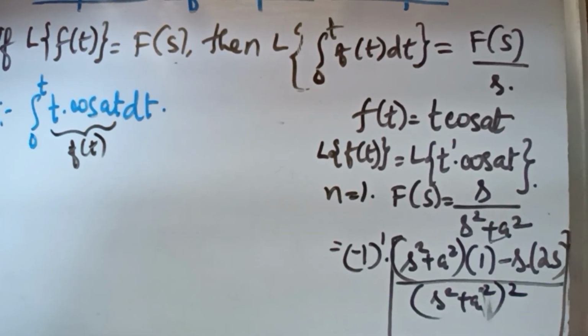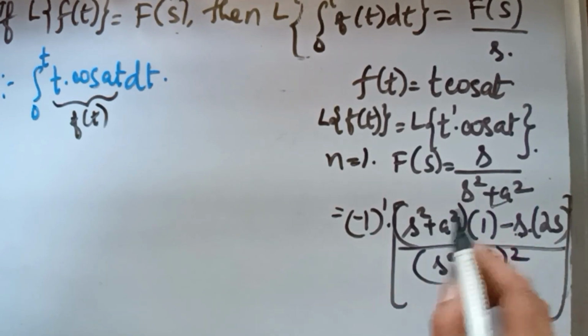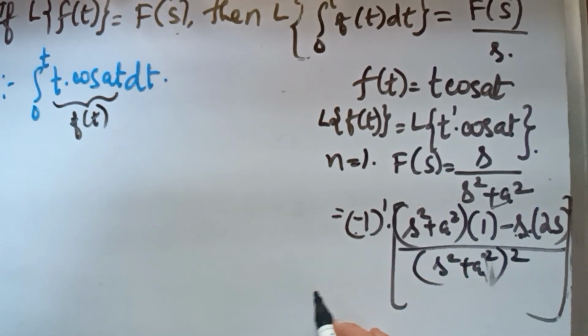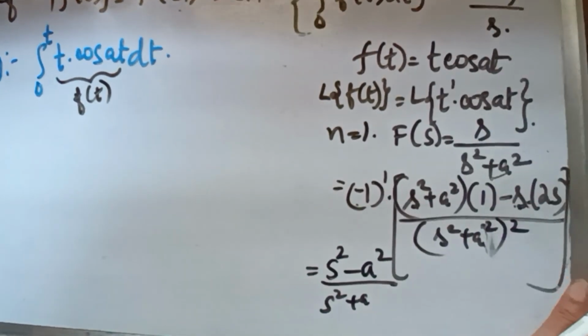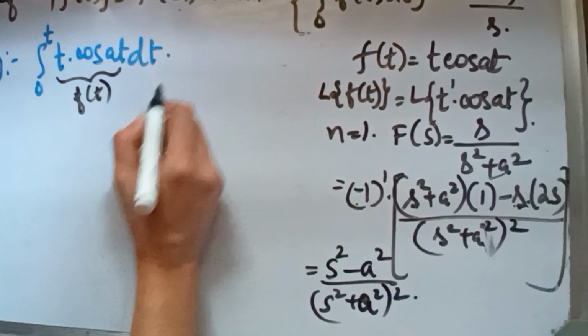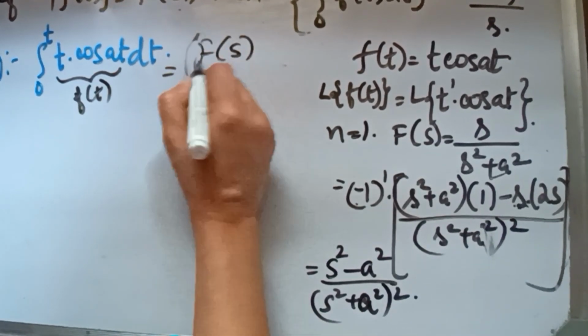Okay, let us simplify this. After simplifying, here you will get minus 2s square plus s square, that is minus s square. Minus of minus is plus. So s square, then you will get minus a square, divided by (s square plus a square) whole square. So this is equal to here. What is this property? F of s divided by s.